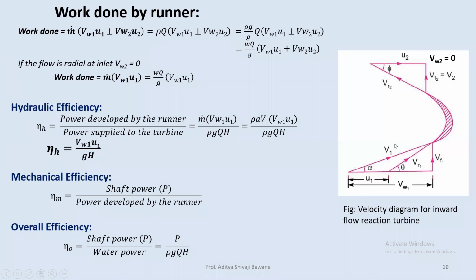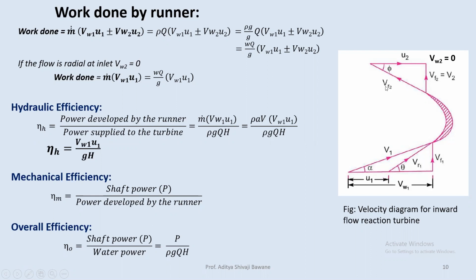We know the velocity at inlet, V1, Vf1 is the flow velocity at inlet, alpha is the angle made by the jet, in this case the inlet velocity of water. This is Vr1, the relative velocity, theta is the angle of this vane, the bucket angle, in this case the vane angle.